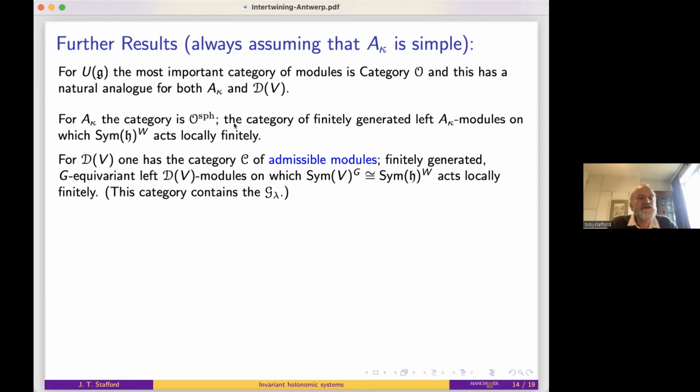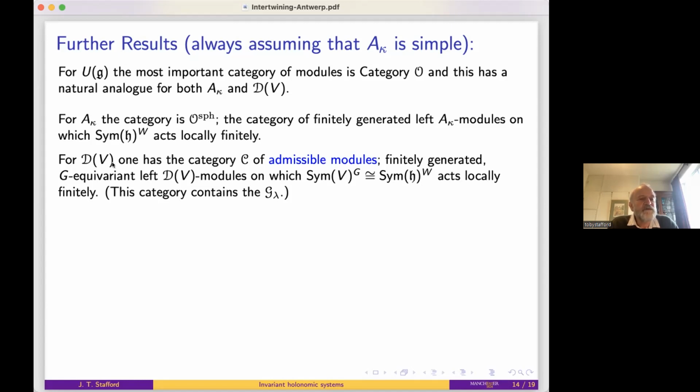These are the finitely generated left A kappa modules on which sim HW acts locally finitely. Remember that A kappa looks a bit like a factoring of U of SL2, so it contains inside it copies of sim HW and C of HW.